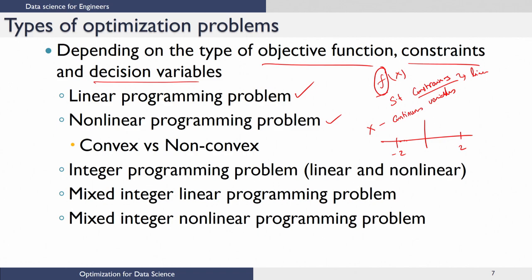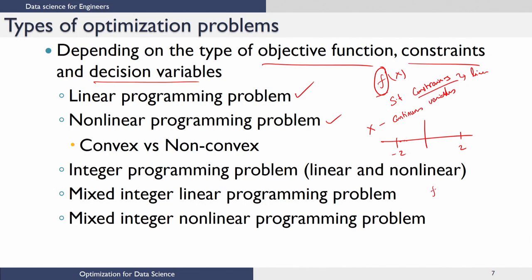Till now we have just been talking about the types of objective functions and constraints. However, we have always assumed that the decision variables are continuous. In many cases, we might want the decision variables not to be continuous, but to be integers.